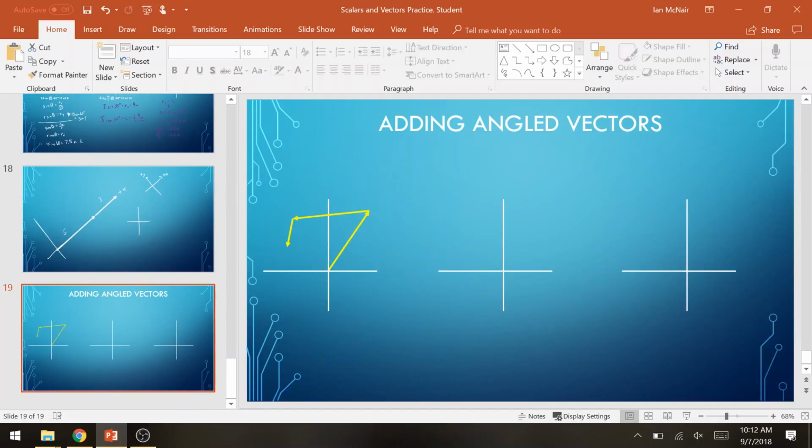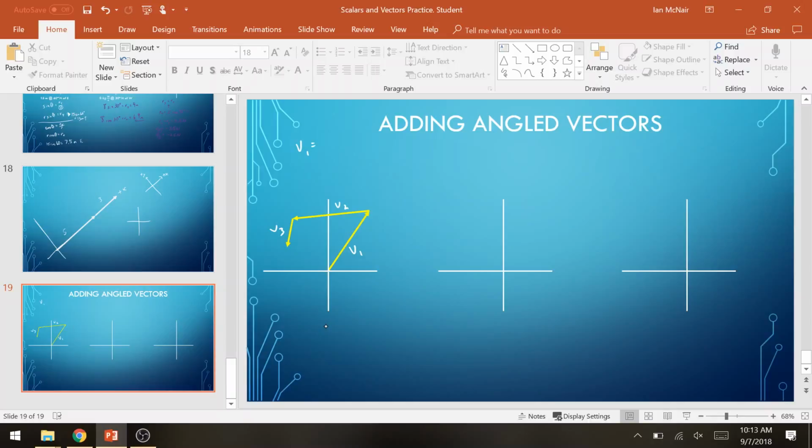So now we're gonna do this guy right here. We have adding angled vectors. I'm just gonna give you all of the information you need, and then you're gonna try to solve it. But first, let's label them. Let's say that this is R1. You want to do R1? Let's do V instead. Let's do V1, V2, V3, and let me give you all the information for that.